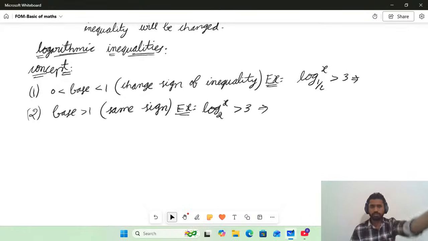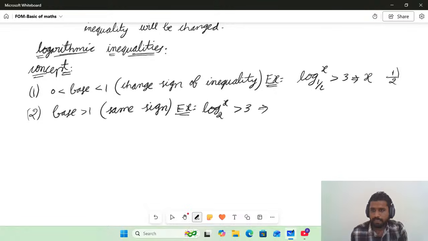So what I have told you here: if the base is lying between 0 and 1, change the sign of the inequality. What is the exponential form of this logarithm? The exponential form is: x on the left side, the base stays the same base, and 3 will go to the power.